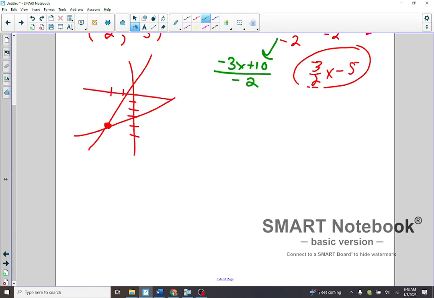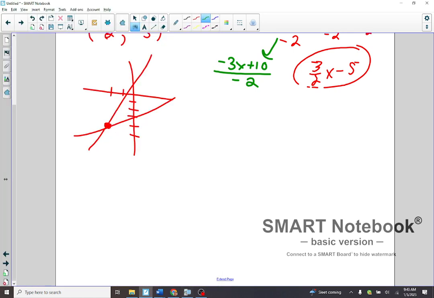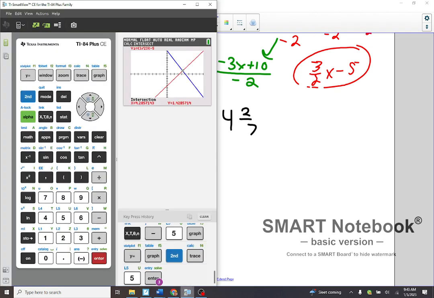But that being said, the answer for this one, I know what it is as a fraction, so that's 4 2/7. So I'll write it like that. 4 2/7 over, and what's the y? 1 4/7. How do we turn that into a mixed number?